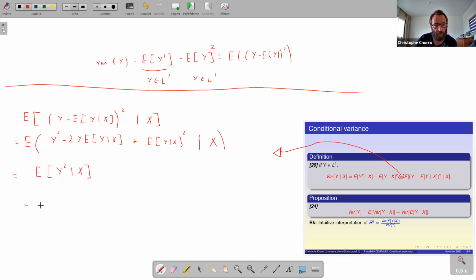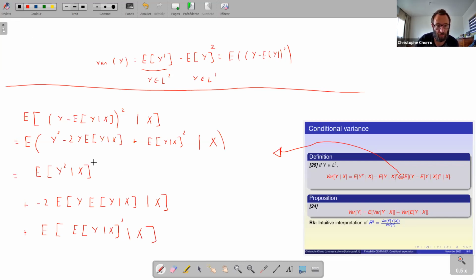The second one, by linearity, I have minus 2 times the conditional expectation of y given x, and plus the last one, that is the conditional expectation of y given x squared given x. So what can I use now to continue?